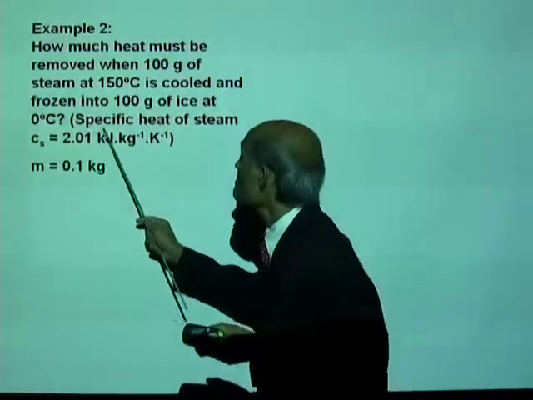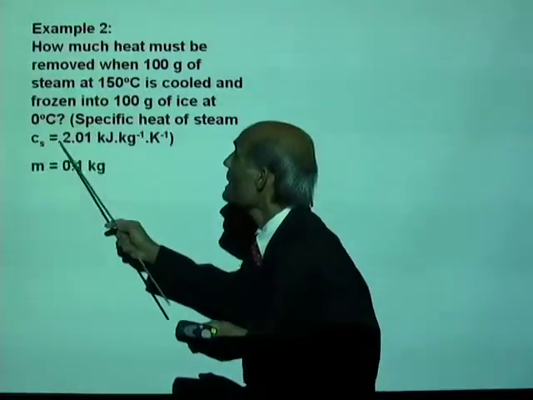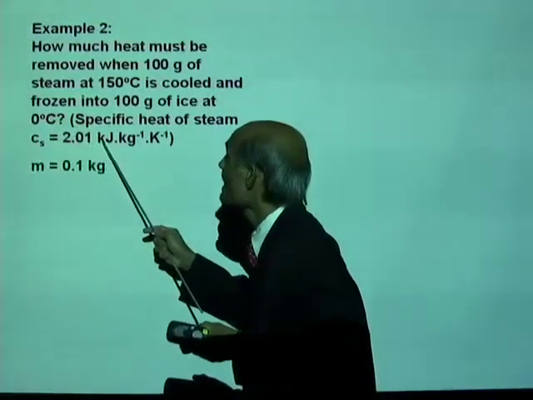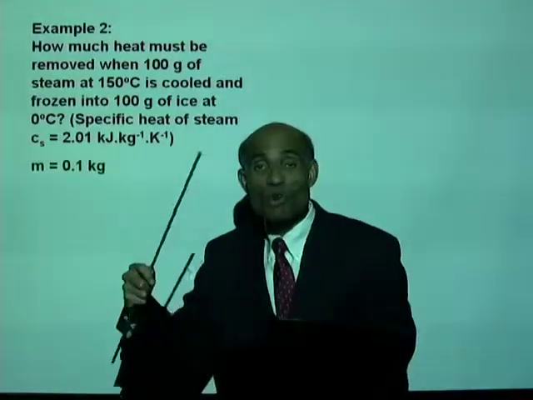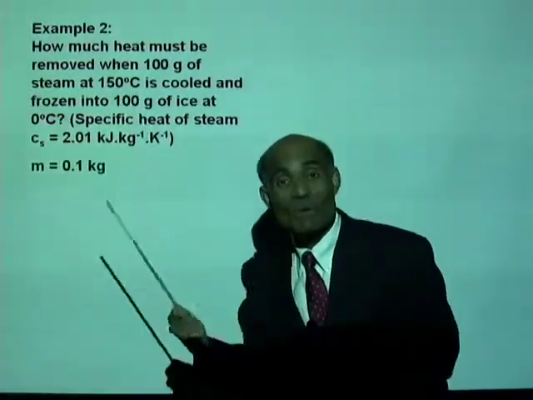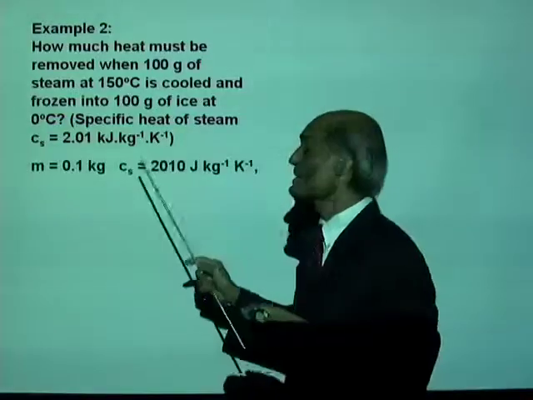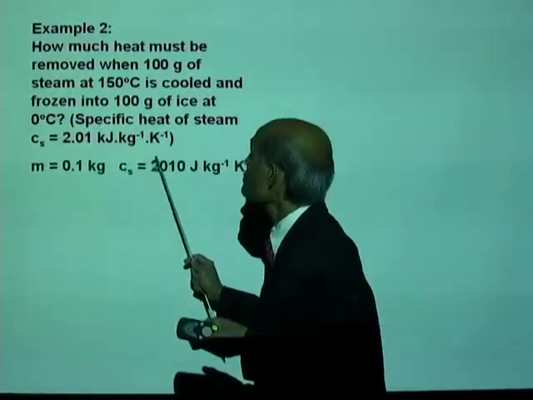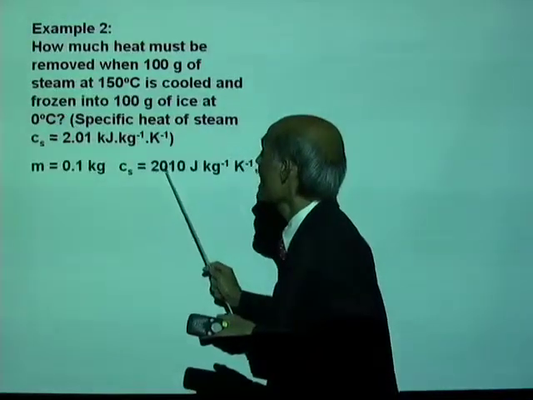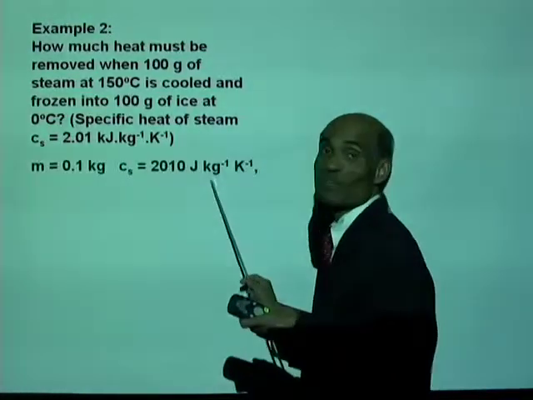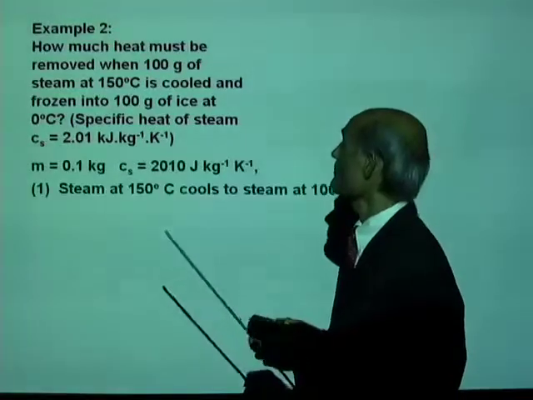Now you are given specific heat of steam is 2.01 kilojoules per kilogram per Kelvin. We can find the quantity of heat liberated during that time. So specific heat of steam is 2.01 kilojoules, 2010 joules per kilogram per Kelvin.